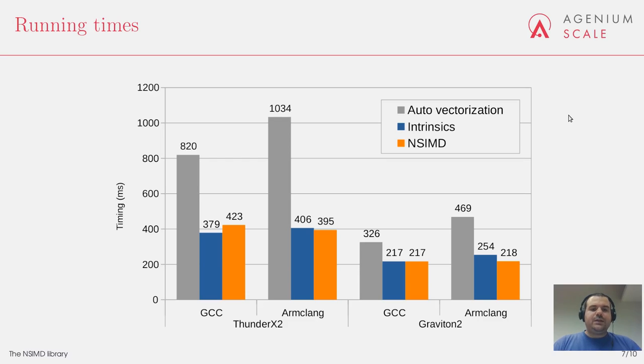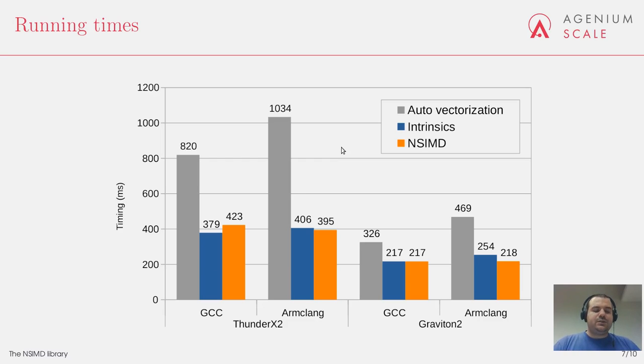As you can see on the following graph, we have three versions of EFISPEC3D. The first version, which is the original one, is represented in gray in this graph. The second version is the same kernel but written with intrinsics. These are the blue bars in this graph. And the third version is the NSIMD version, which is the kernel written with the NSIMD API.